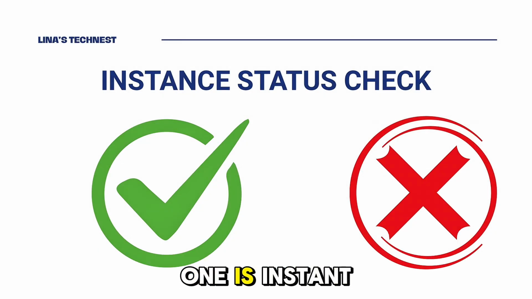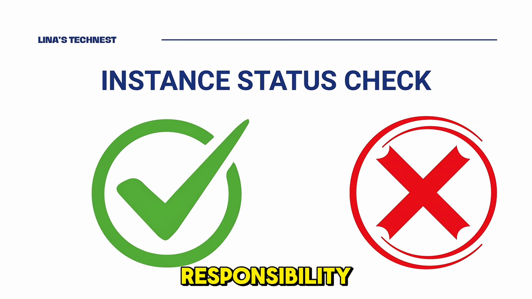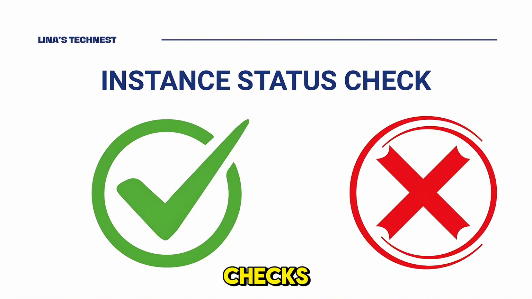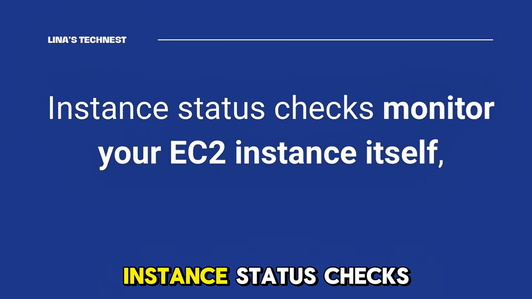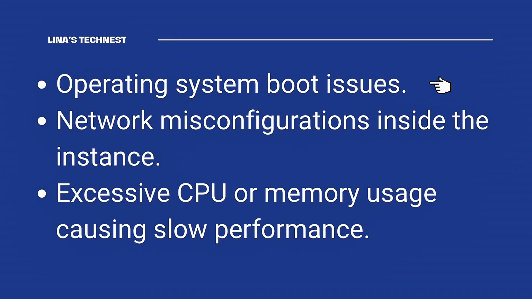And the second one is instance status checks. That's the customer responsibility. As the first one is AWS responsibility, the second one, instance status checks, is your responsibility. Instance status checks monitor your EC2 instance itself, including operating system boot issues, network misconfiguration inside the instance, and excessive CPU or memory usage causing slow performance.